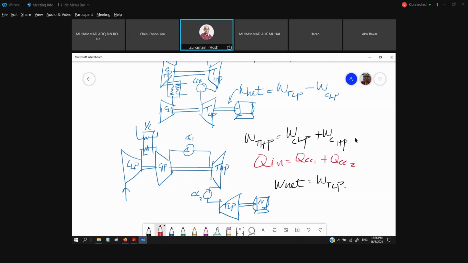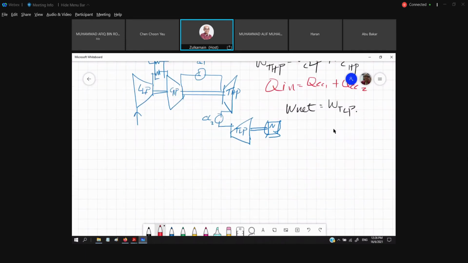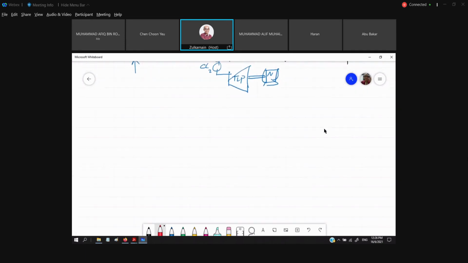And then the last modification that we could get is to look at the use of high temperature gas exit from the turbine high pressure or the turbine by using what we call the heat exchanger. And of course, what is the purpose of the heat exchanger?